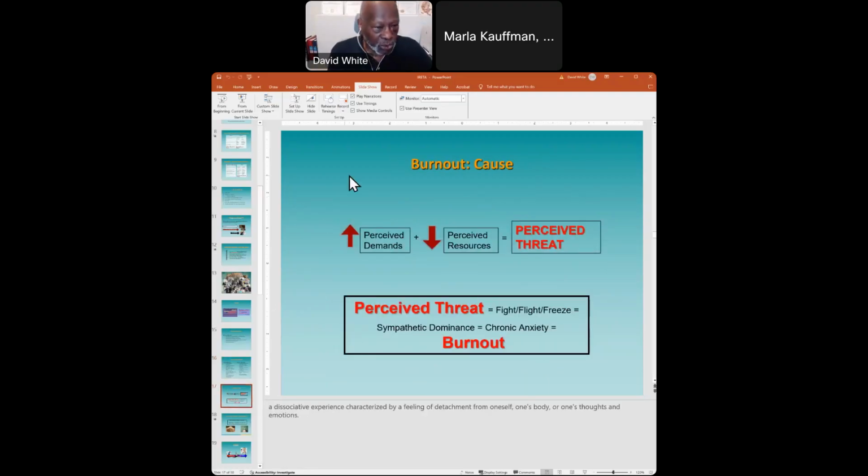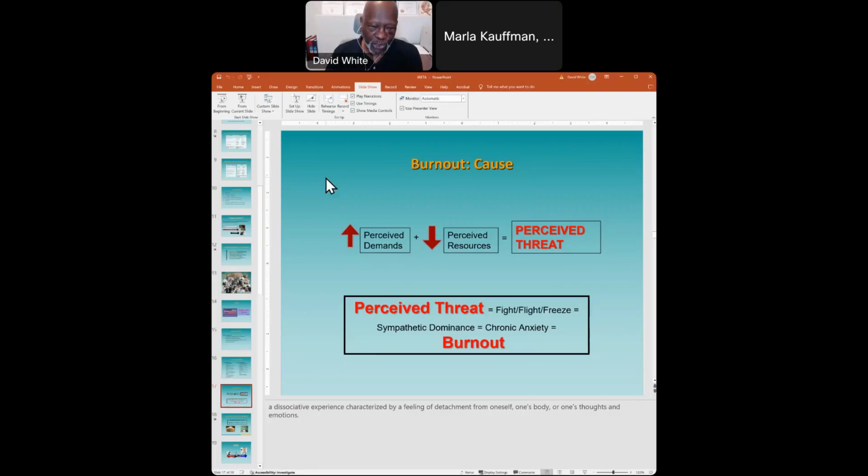So here's how burnout works. You have an increase in perceived demands and your perceived resources are not there. What then happens, and this is critical, is that your nervous system does not know the difference between what's real and what's not real. As long as you perceive it, the nervous system is going to react. So your nervous system perceives a threat.